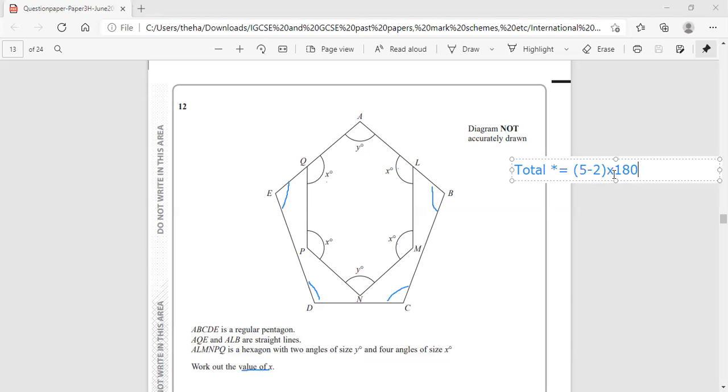The reason you do this is you minus 2 off it to find out how many triangles you can make in the shape, and you can clearly see that we can make 3 triangles in a pentagon. 1 triangle, 2 triangles, 3 triangles.